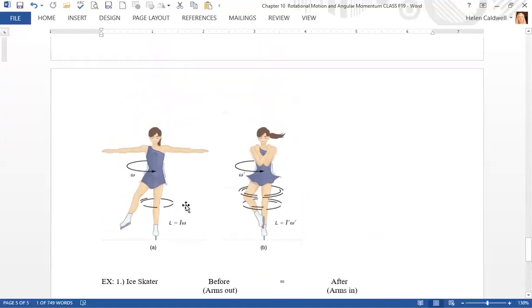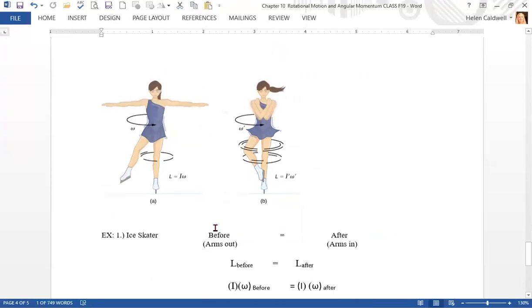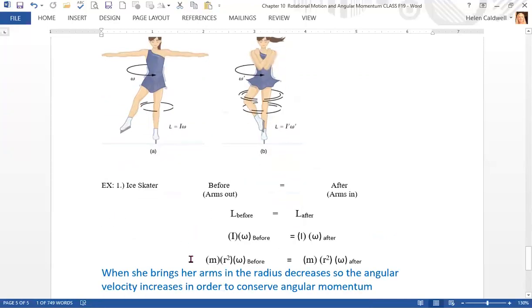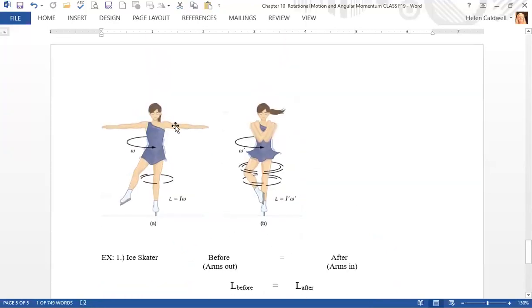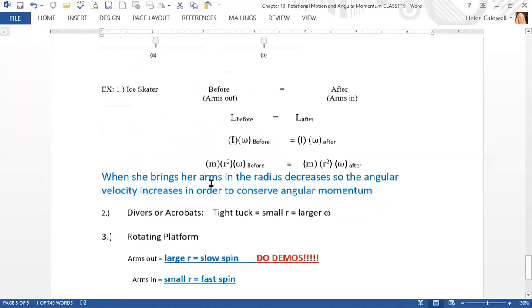So what have we got with our ice skater? The mass doesn't change. If she's skating, the mass in the left diagram and in the right do not change. But the radius does. If you look with her arms out, r has to be a larger number. When she brings her arms in, r becomes smaller.